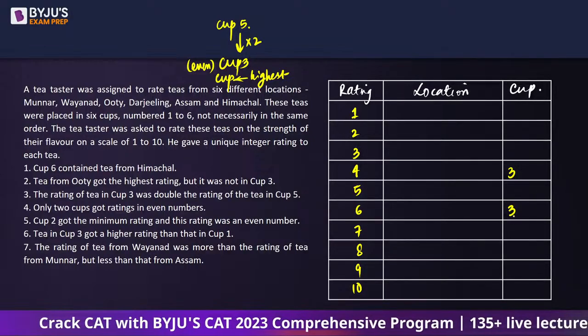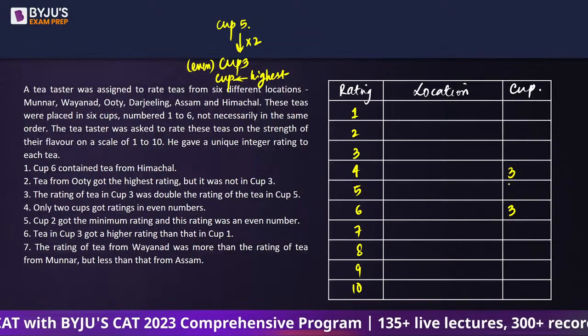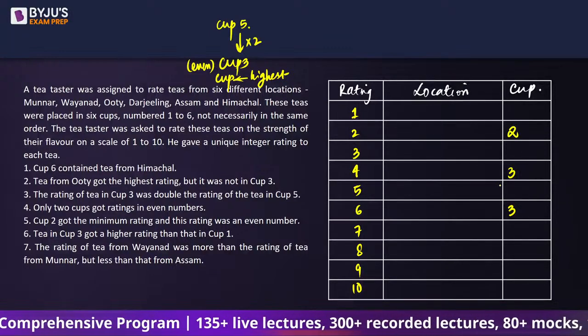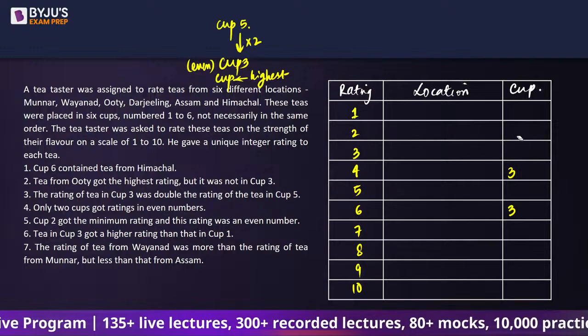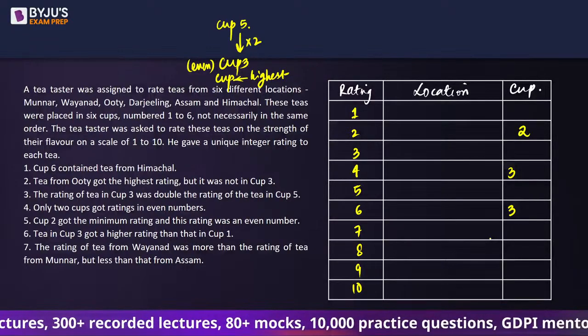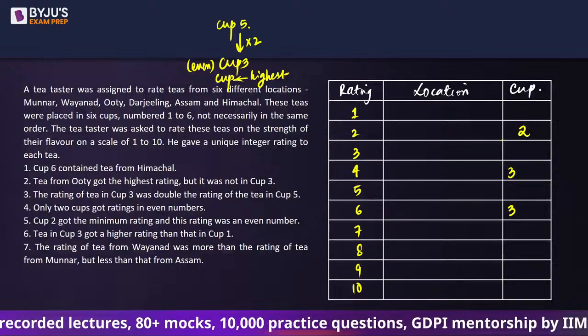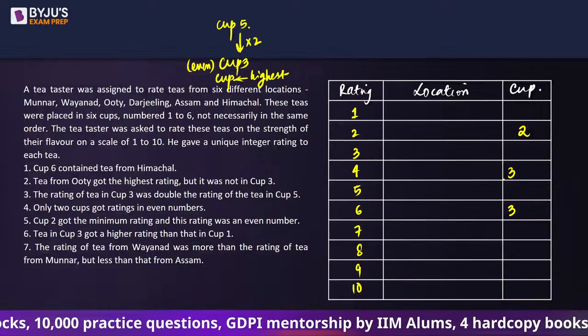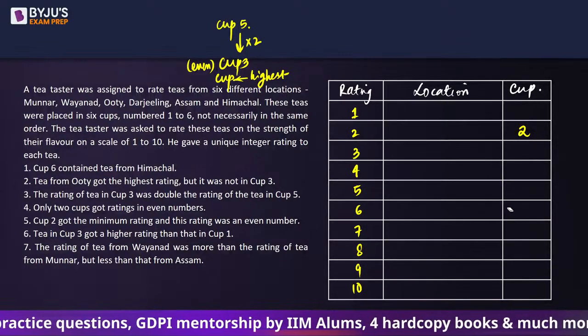So we have got rating 6 given to cup 3, and cup 2 got the minimum rating, and this rating was an even number. So the minimum value that we can choose is this, right? Okay, so that means cup 3 is going to be definitely 6.